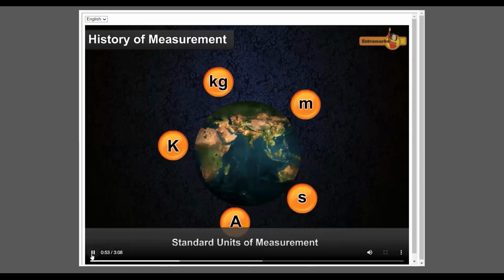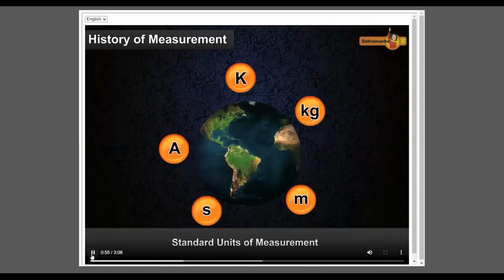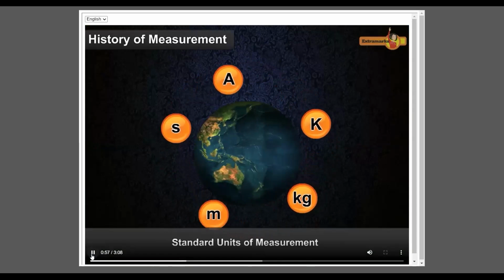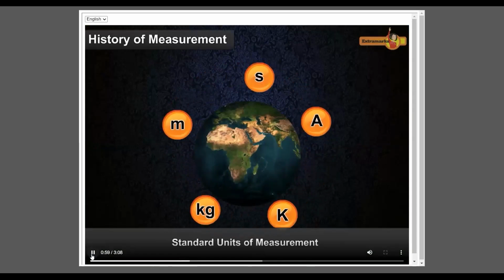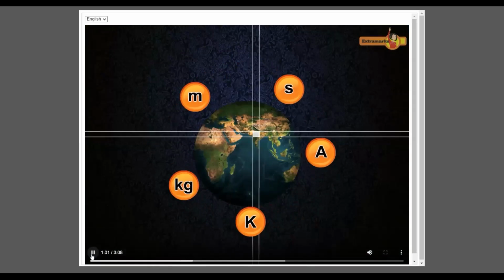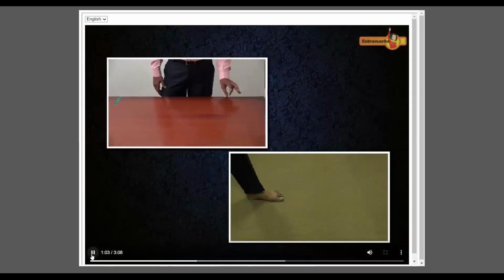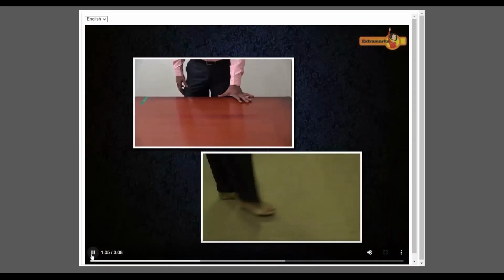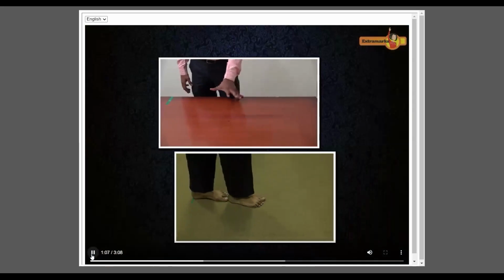In the past, different units of measurement were used in different parts of the world. For instance, in India, lengths of foot and hand were used for measuring lengths of objects.